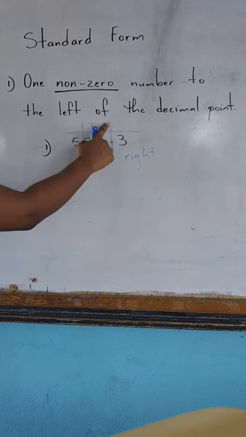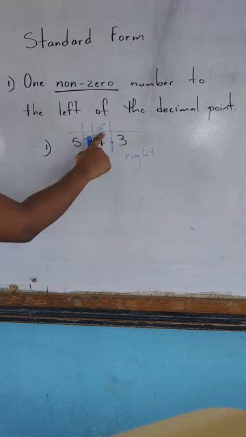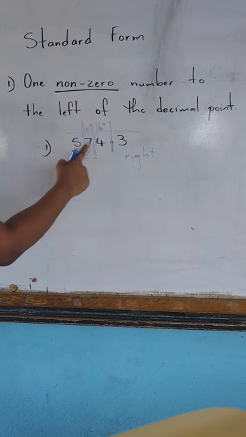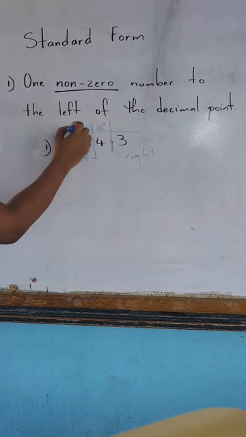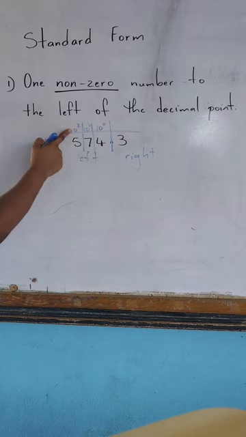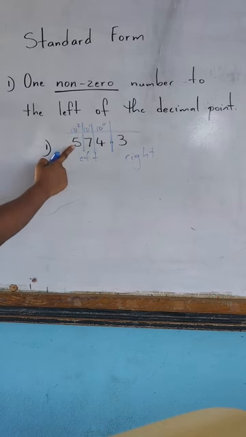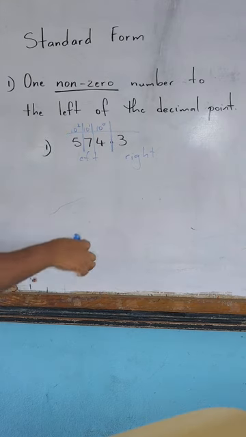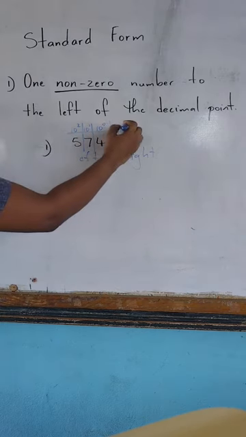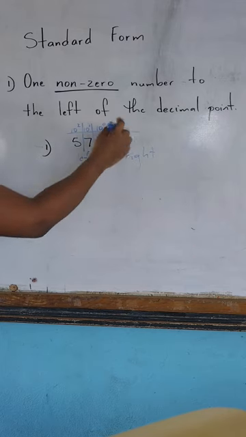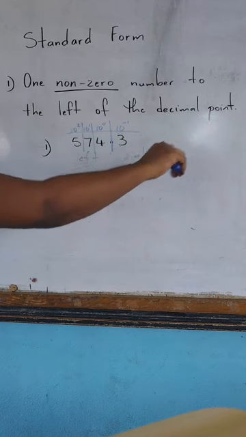Any number raised to a power of 0 is 1. 10 to the first power is just 10, so this is my tens column. 10 to the second power is 100, because 10 times 10 is 100. So that means 5 is in the hundreds position. And this is 10 to the negative 1, because after the point, the powers now become negative.